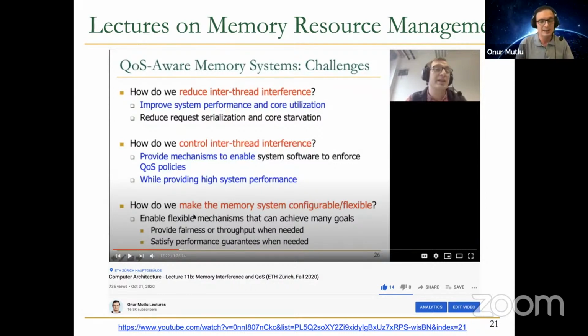Or in a system like a cell phone, you have some implicit service level agreement guarantees that you provide to the user, right? If you don't provide good service to interactive applications that the user expects quick responses from, then basically you're violating some service level agreement, and people may not buy your hardware or software going into the future.